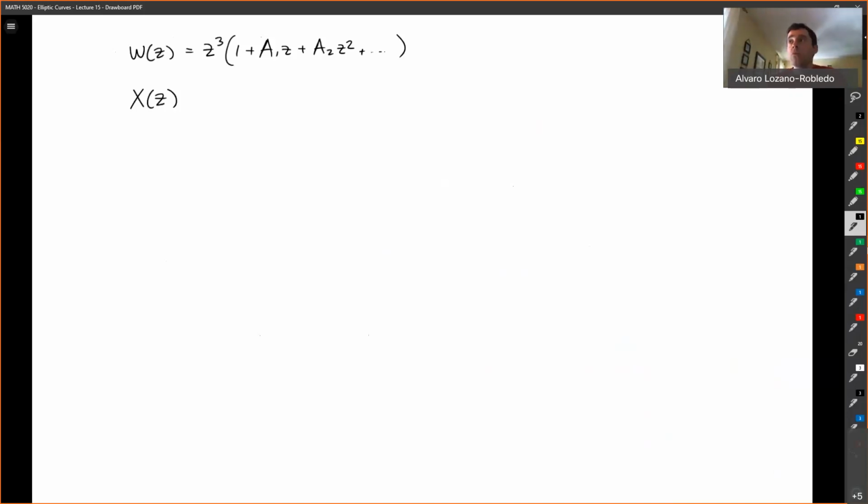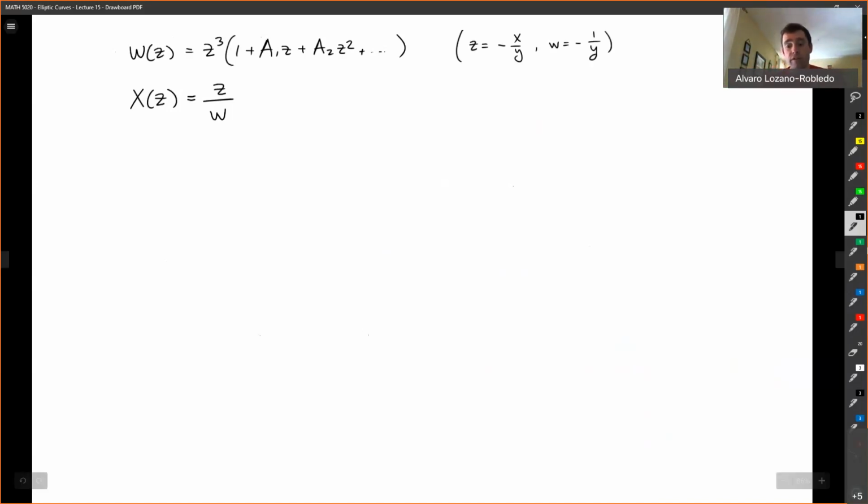Remember that the change of variables was that Z was minus x over y, and W is minus 1 over y, right?